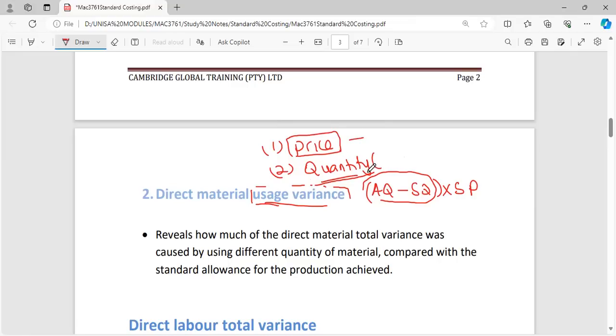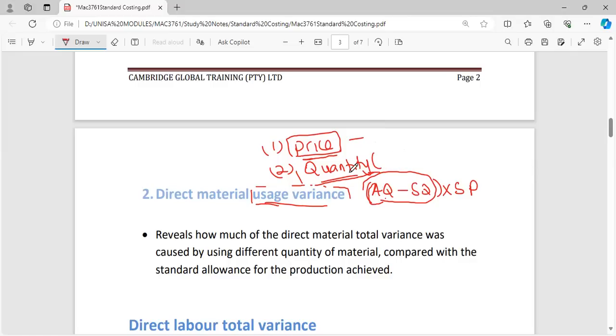It's price and quantity, which means if the question requires you to do a quantity variance, then you are looking at the difference between the quantities that were used. If the question requires you to do a price variance, then you are looking at the difference between the standard price and the actual price.